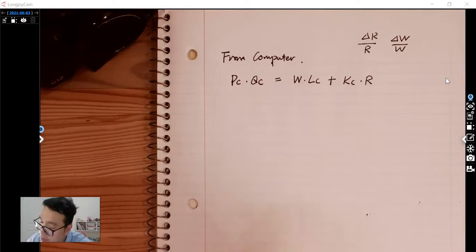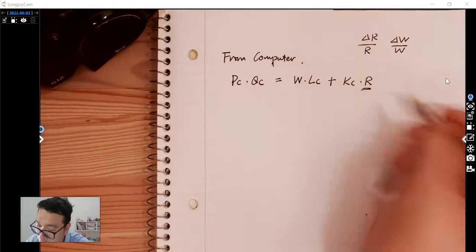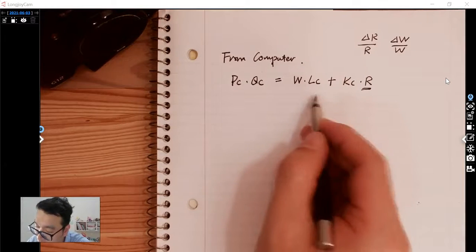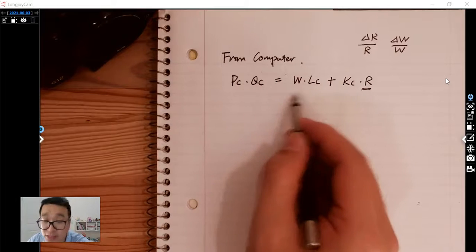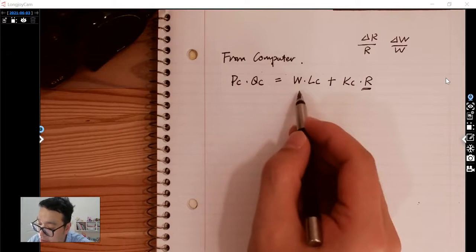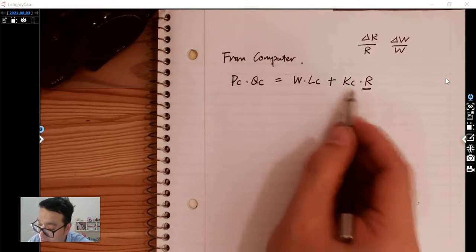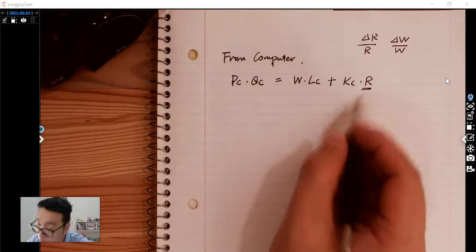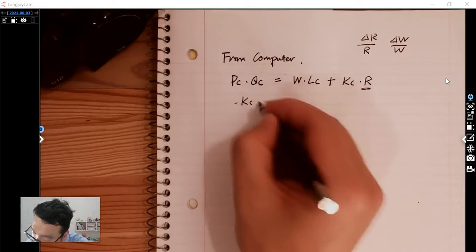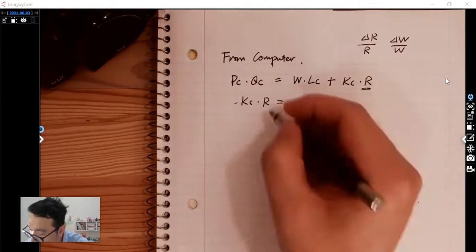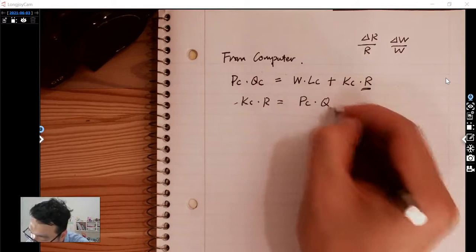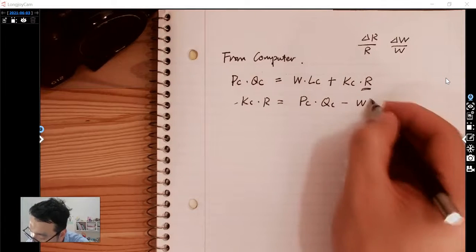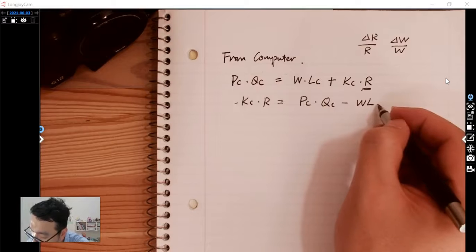So first of all, we should single out this R. How should we do it? From these equations, we can move the W times LC to the left-hand side by subtracting W times LC from both sides, and we have KC times R on one side. So we got KC times R, the payment to the capital, equals the computer's total revenue minus the wage paid to the workers in the computer industry.